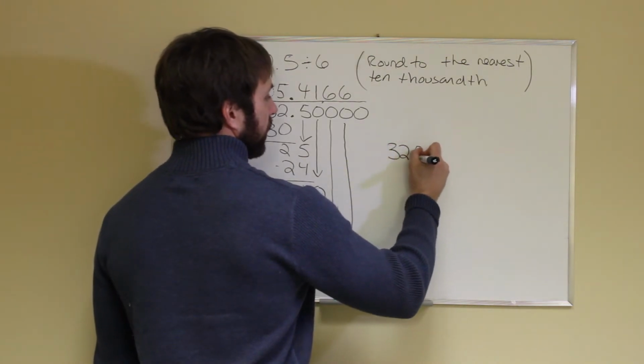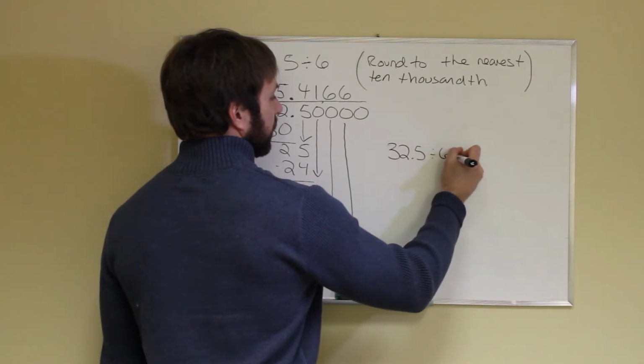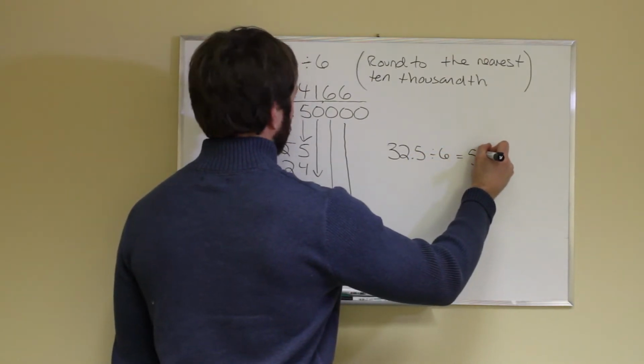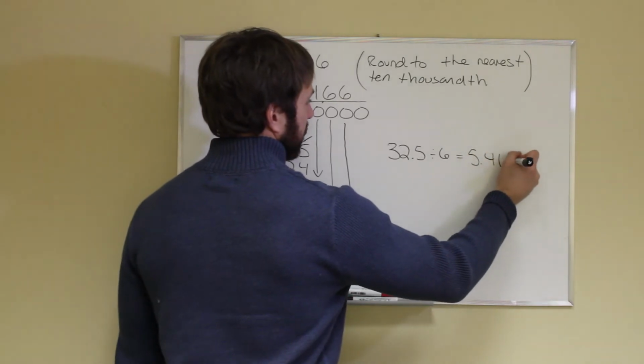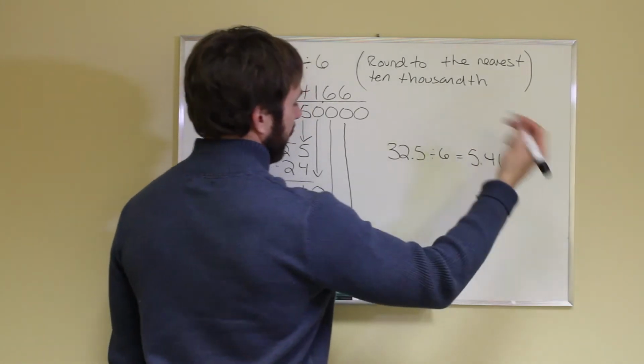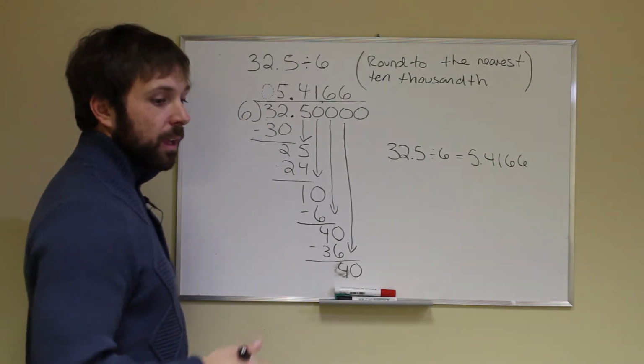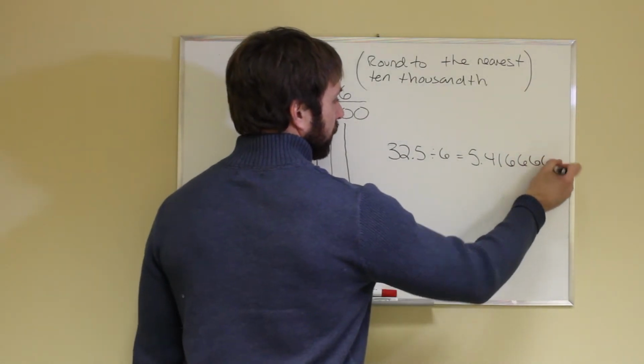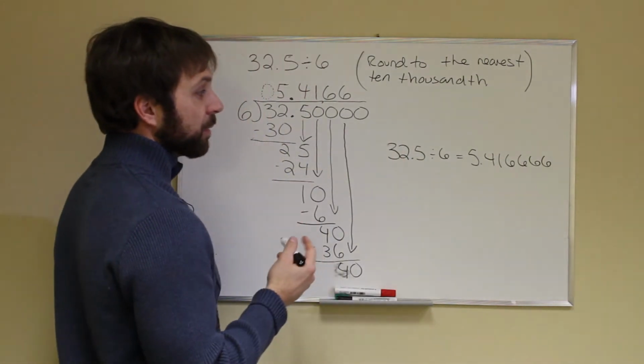So I can say that 32.5 divided by 6 is equal to 5.4166, and that's going to repeat on. However, the question asks me to round to the nearest 10,000ths.